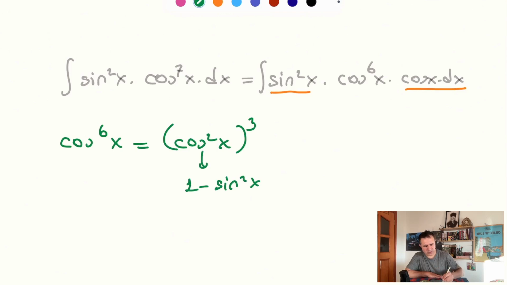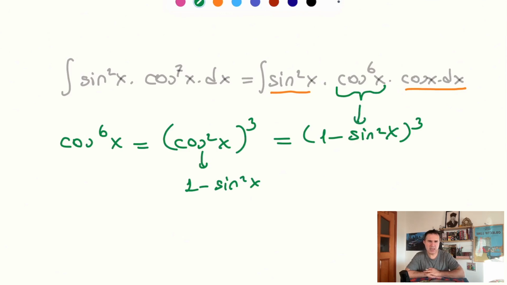Then we can write it as (1 minus sin² x) cubed. So here in the integral, I will rewrite cosine to the power of 6 x as (1 minus sin² x) cubed. So we will be able to solve the problem.